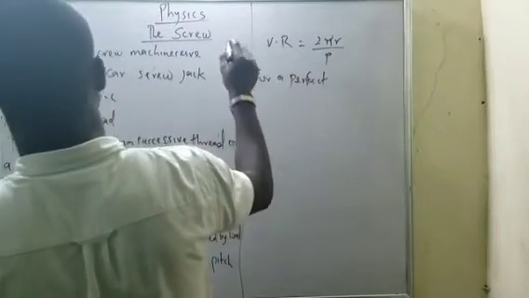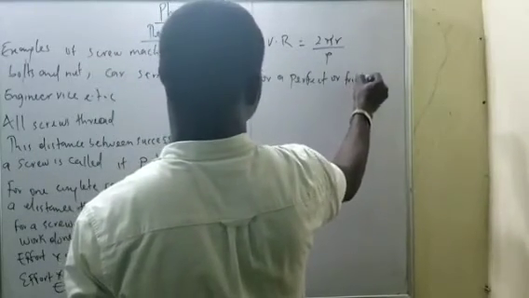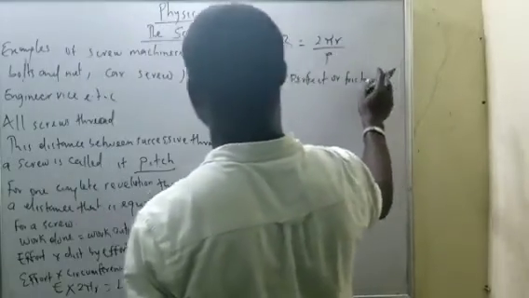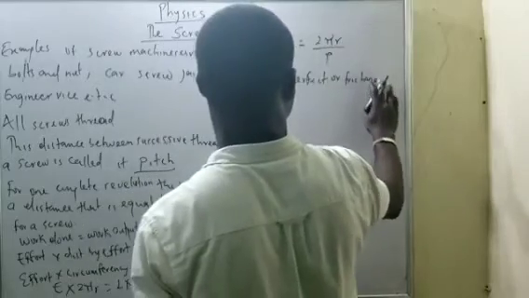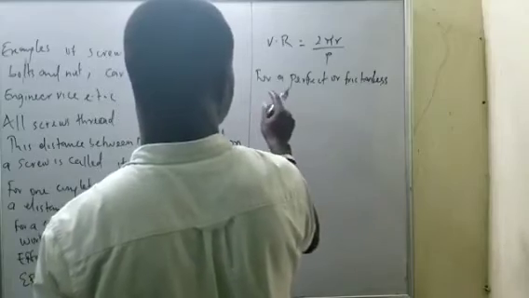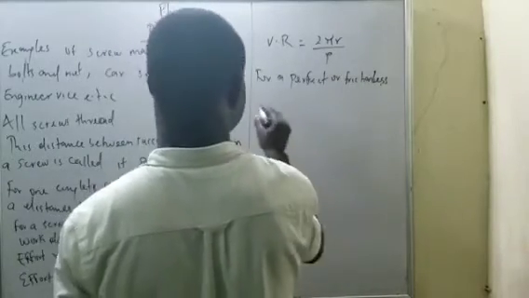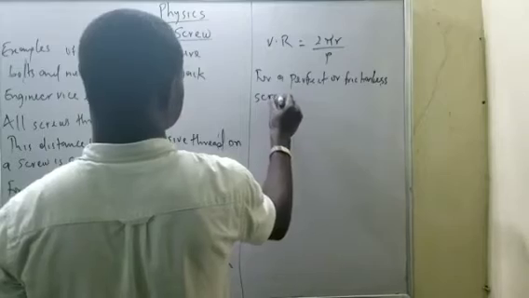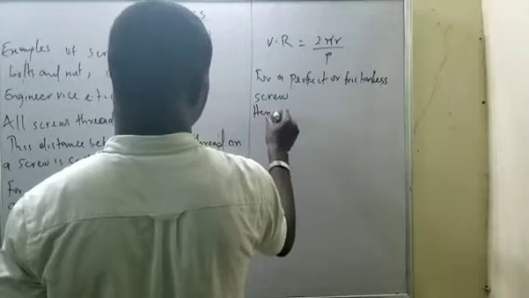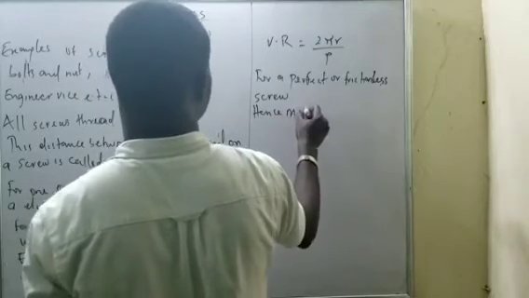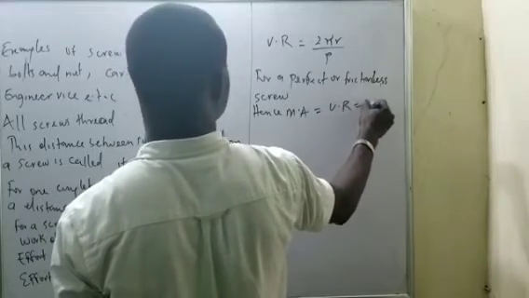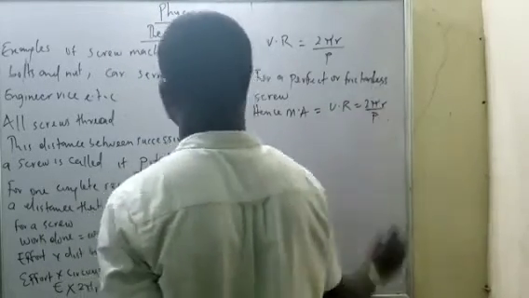Now, for a perfect or frictionless screw, MA equals VR equals 2 pi r all over pitch. Don't forget that.